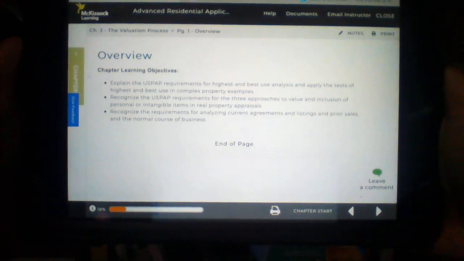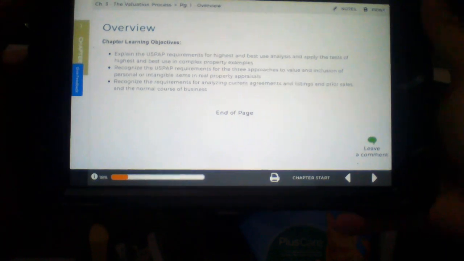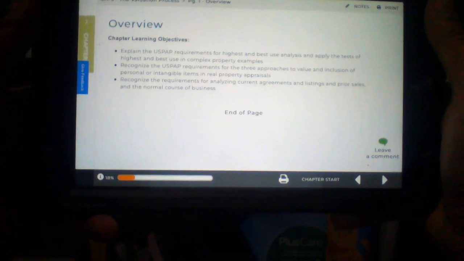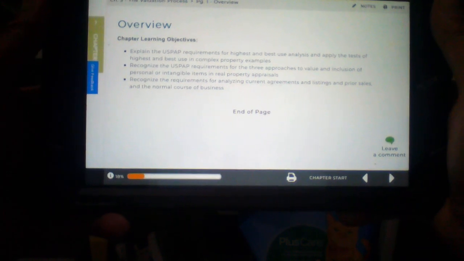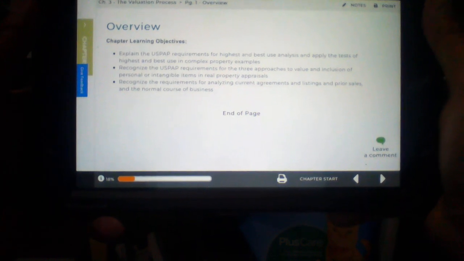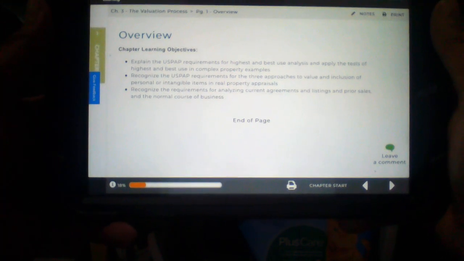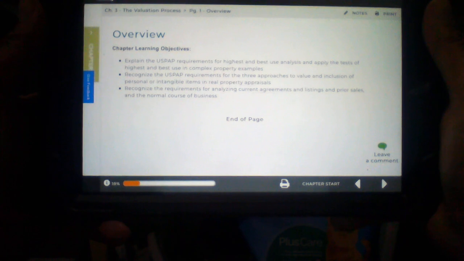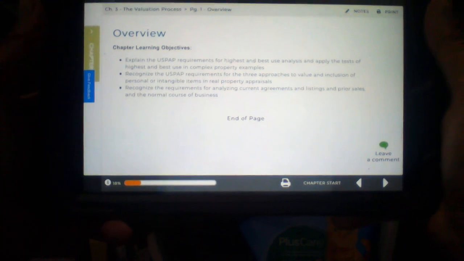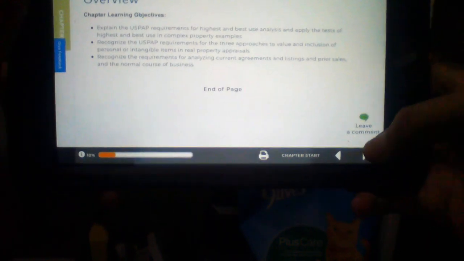Recognize the USPAP requirements for the 3 approaches to value and inclusion of personal or intangible items in real property appraisals. Recognize the requirements for analyzing current agreements and listings and prior sales and the normal course of business. End of page.